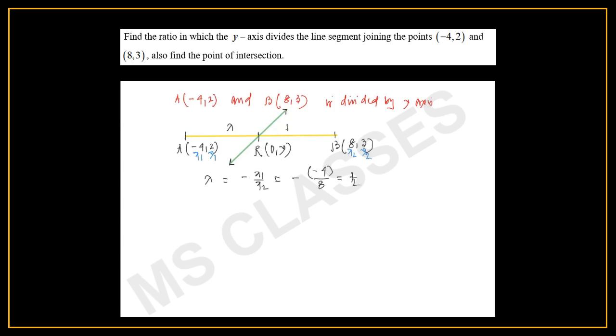So this shows that the y-axis divides the line segment joining A and B internally in the ratio 1:2. Now we find the point of division also.